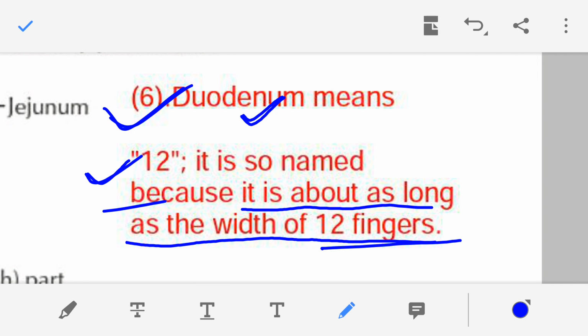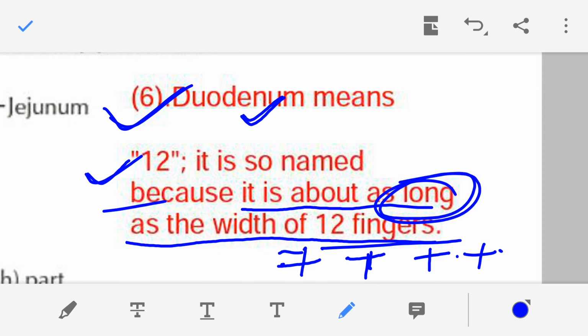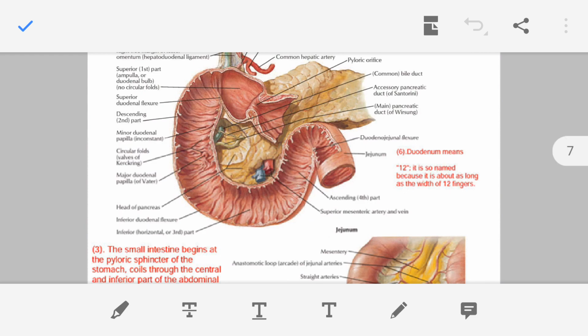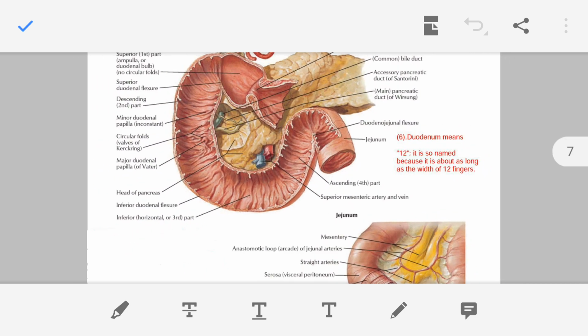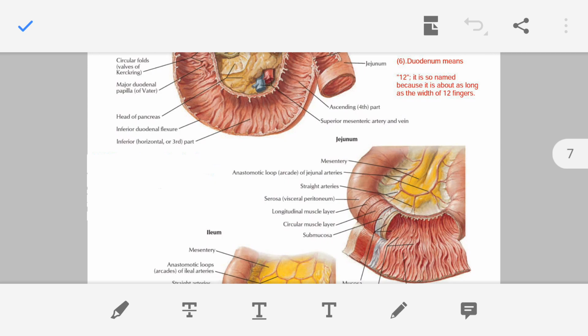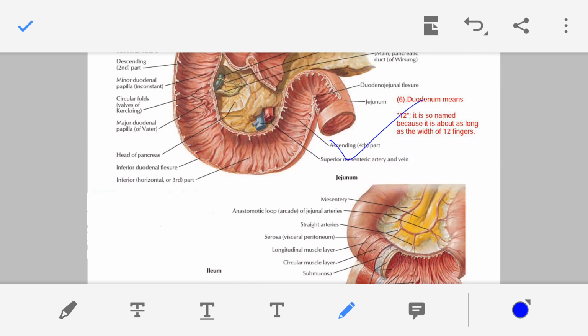So the width of one finger plus the width of a second finger, up to 12 fingers. When we sum up the width of 12 fingers, that much is the length of the duodenum. So now this is the sixth point of our discussion.